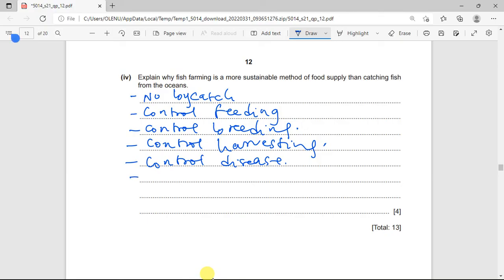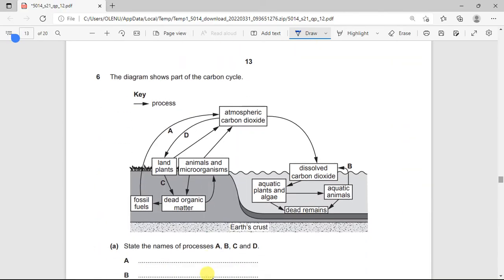You can find out that in fish farming there is faster growth and yield. So it's more sustainable. There's less damage to the sea. There will not be risk of oil spill from fishing vessels.